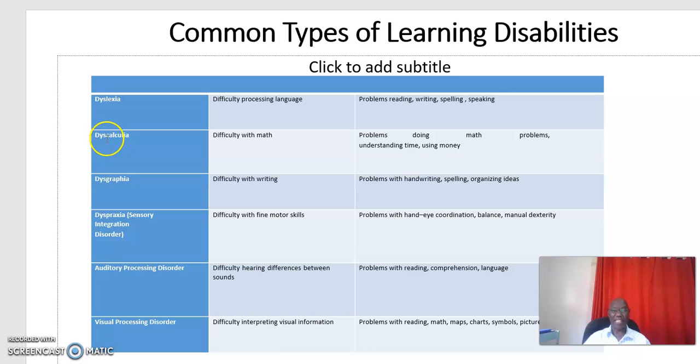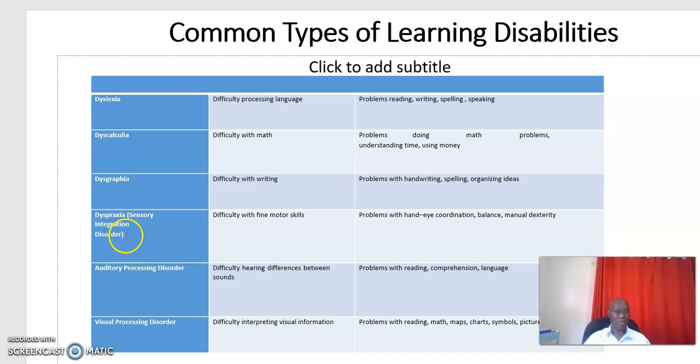We also have another learning disability known as dyscalculia, and these are learners with difficulty with math. They have problems doing math problems, understanding time, and using money. We also have dysgraphia. These are learners with difficulty with writing. So these learners have problems with handwriting, spelling, and organizing ideas.